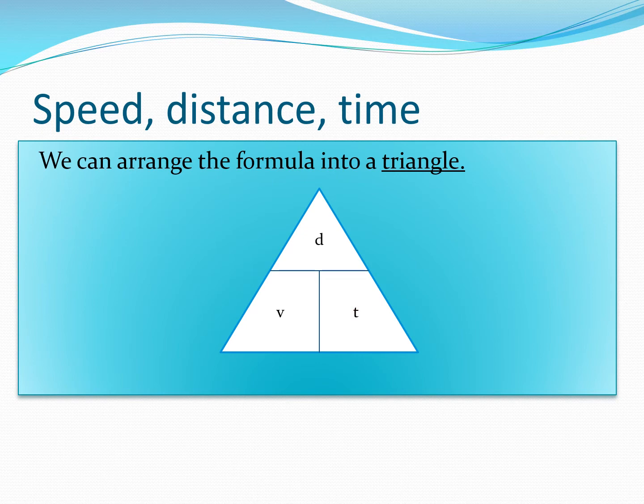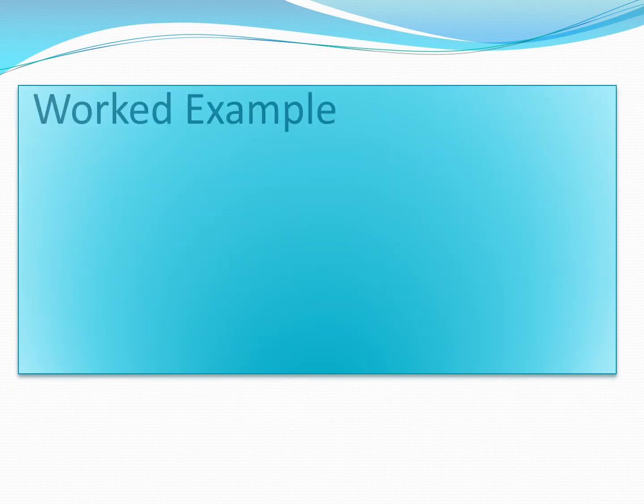And what this does is it tells us that if we want to work out the distance, we cover that up, and that tells us we've got speed times time. Then if we want to work out the speed, we cover that up. It tells us we've got distance divided by time, and same for working out the time. Now, this is something you should be very familiar with. So we'll very quickly look at a worked example of it.